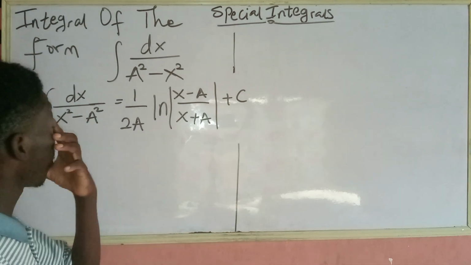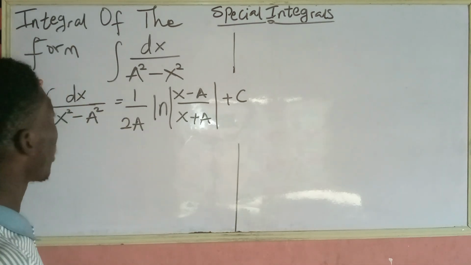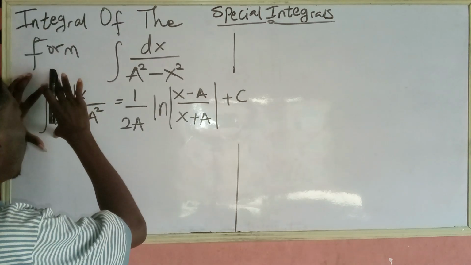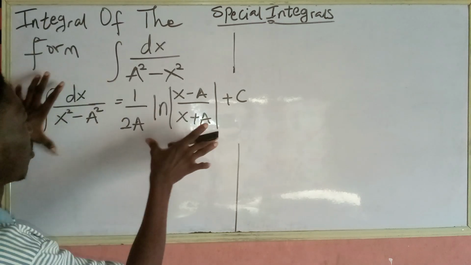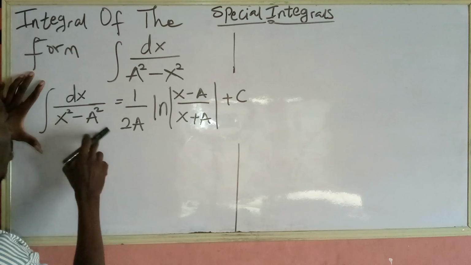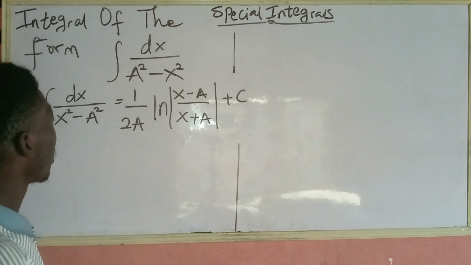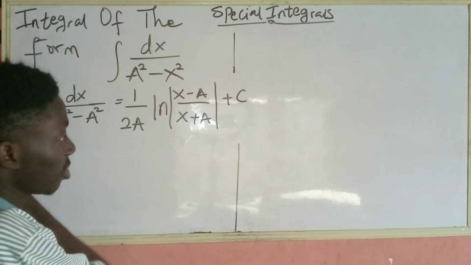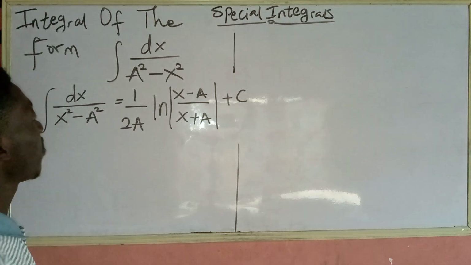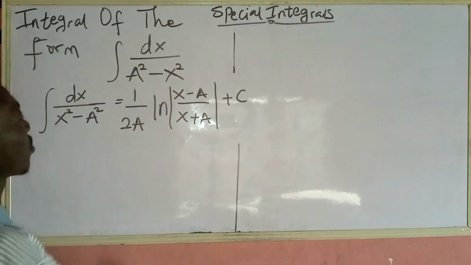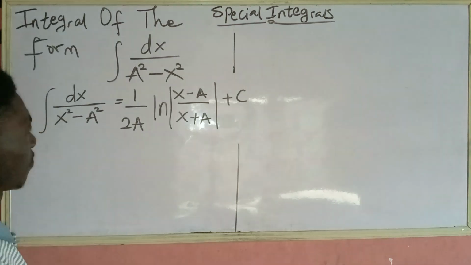So you have a bar plus c. This is the actual form of the integral of this form, x squared minus a squared. Are you getting it?